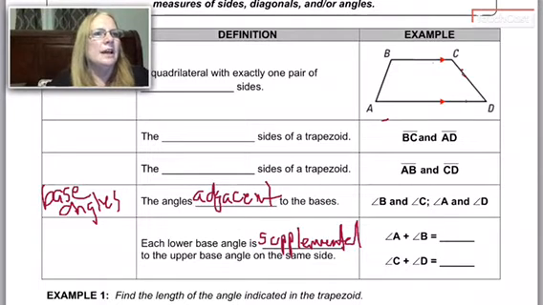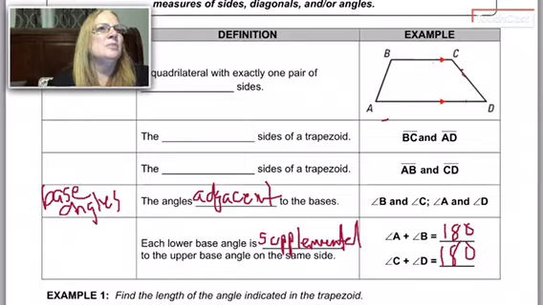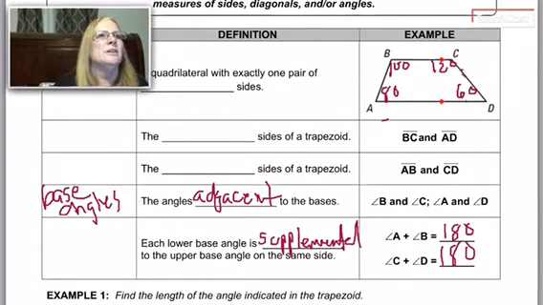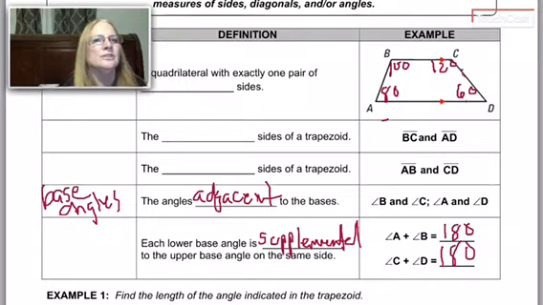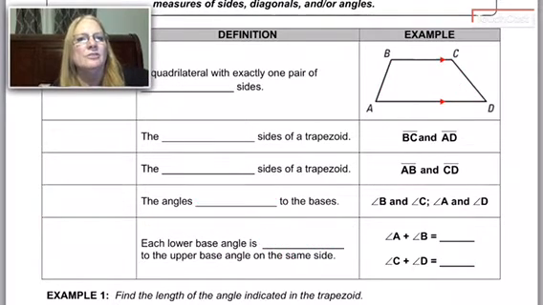Angle A plus angle B equals 180 degrees, and angle C plus angle D equals 180 degrees. So this looks like it could be about, let's just say this is 100 degrees, then this one has to be 80. And over here, this looks like maybe it could be 60 degrees, so that means this one would be 120. So an upper base angle and a lower base angle on the same side are supplemental, or they add up to 180 degrees. Okay, let's look at the first example.